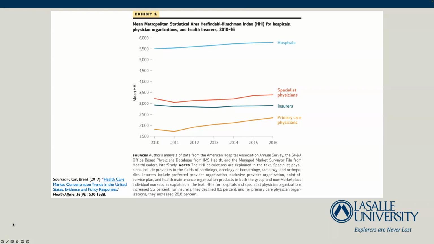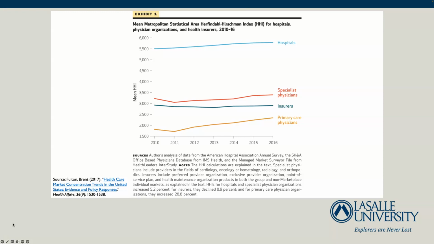Keep in mind that the HHI for a market with 4 firms, each with 25% market share, was 2,500. And that's pretty close to where we are with primary care physicians. For a duopoly, it was 5,000, and we're above that for hospitals, and that reflects the fact that we've had high and rising concentration in the hospital sector.